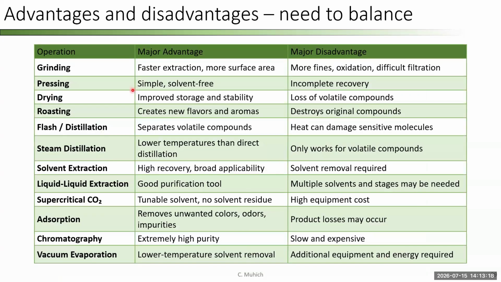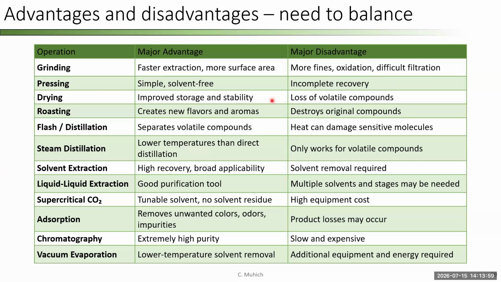Of course, all of these different things have advantages and disadvantages, right? Grinding leads to faster extraction due to the larger surface area, but it creates fines which are going to be lost. It increases the rates of oxidation due to more surface area, and it makes filtration more difficult. Pressing is great because it's simple and solvent-free, but you rarely get everything out.